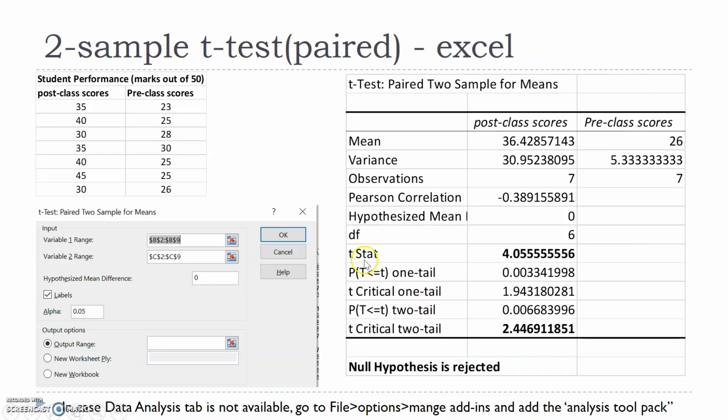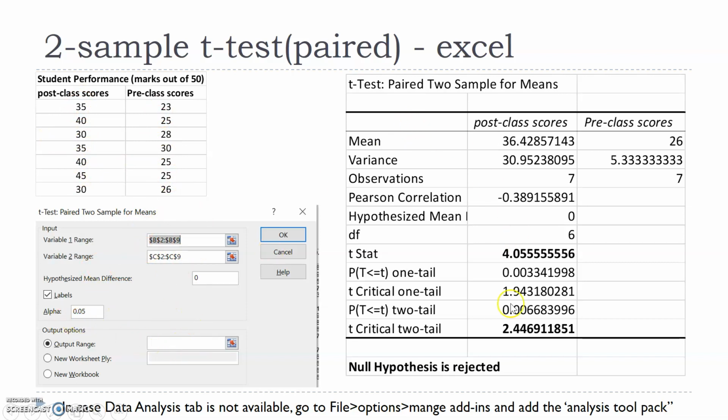How to do it in Excel? Again, put these data points in Excel and select the t-test paired two sample for means. If the data analysis pack is not there, go to File, Options, Manage Add-ins, and add the Analysis ToolPak. Then in the Data tab, go to Data Analysis, select t-test paired two sample for means. Variable 1 range is the post-class score, variable 2 range is the pre-class score, my alpha is 0.05.